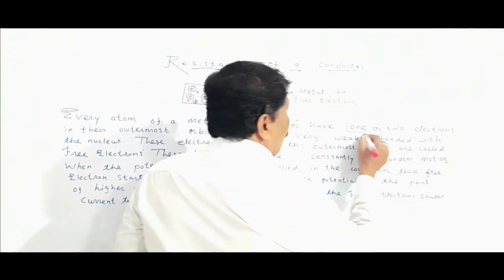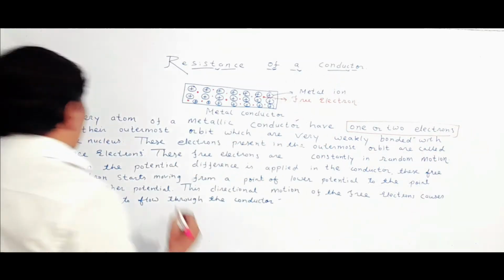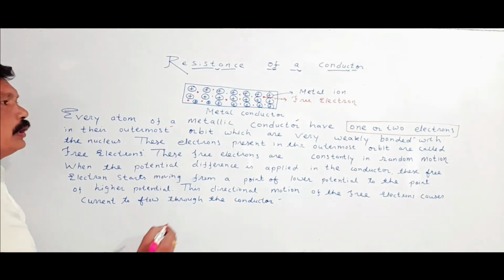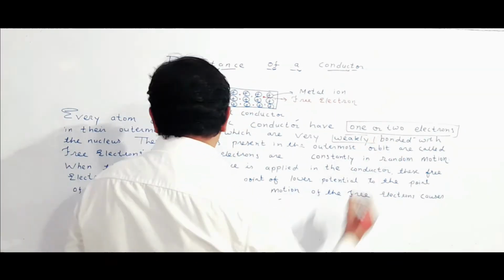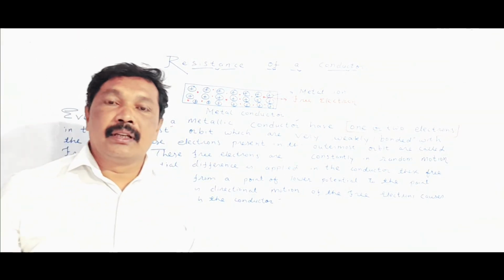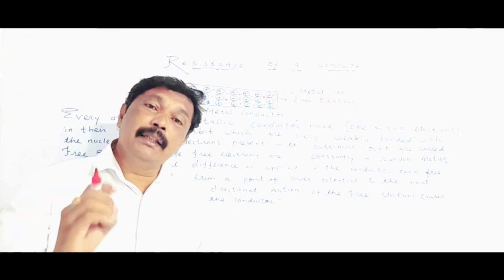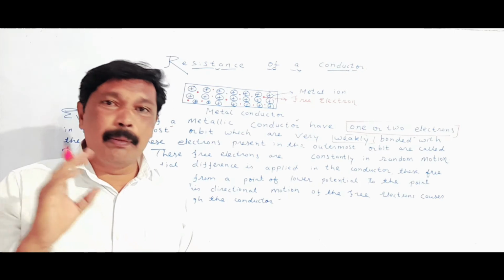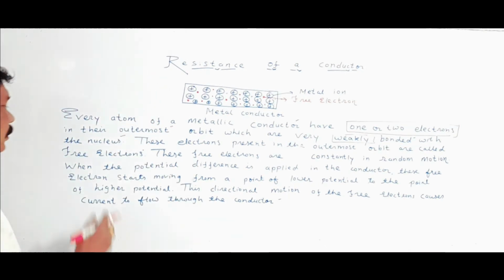They have one or two electrons present in their outermost orbit, which are very weakly bonded with the nucleus. This weakly bonded electron present in the outermost orbit of an atom is called a free electron.